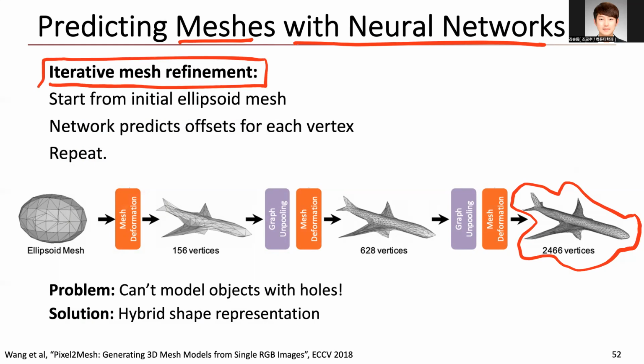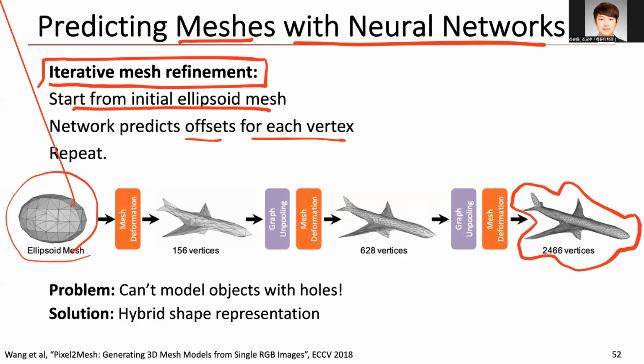This technique starts from an initial ellipsoid mesh for each object. Then the network predicts the offset for each vertex, and finds the mesh deformation to estimate the mesh information.